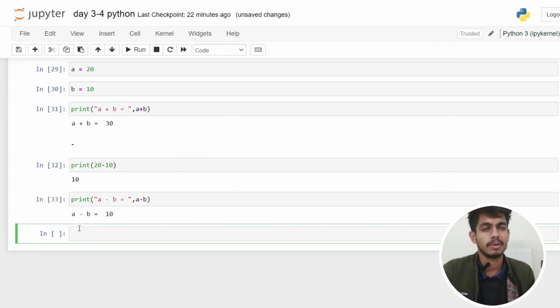So this works the same as the mathematics we used in KG1 and KG2 classes, like the plus operator for adding two values.